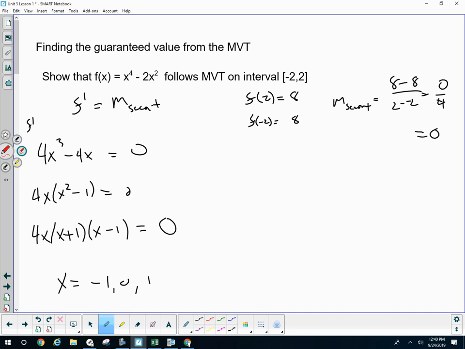However, I failed to do something which is very, very important. And that is, the requirement for a function to use the mean value theorem. To use the mean value theorem, my function must be differentiable. And it's tricky to think about, like, how can I show that a function is differentiable?